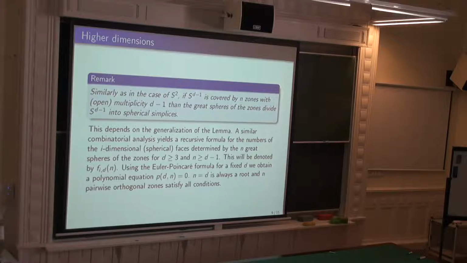Let f_i(n) denote the number of i-dimensional faces of this division. And using the Euler-Poincaré formula, we will get in d dimensions as well a polynomial equation, and if the largest root of it is n equals d, then we are done.